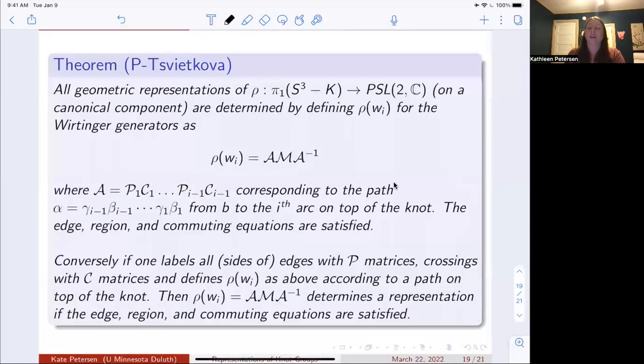And that's easy to check. You can just check that doing this process always satisfies the Wirtinger relations at a crossing, and it easily does. So the geometric representations all look like this.